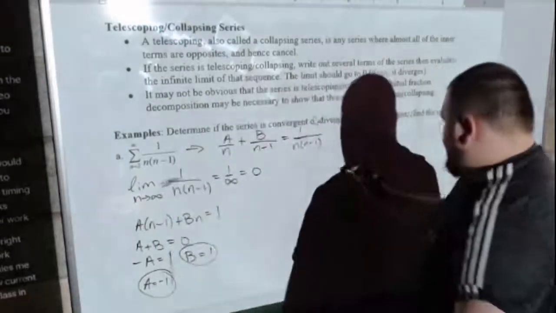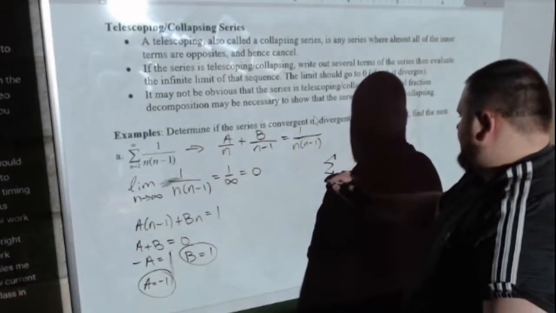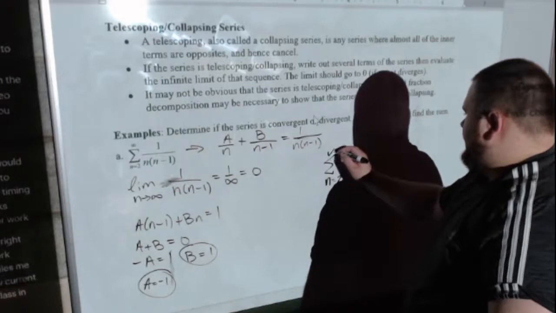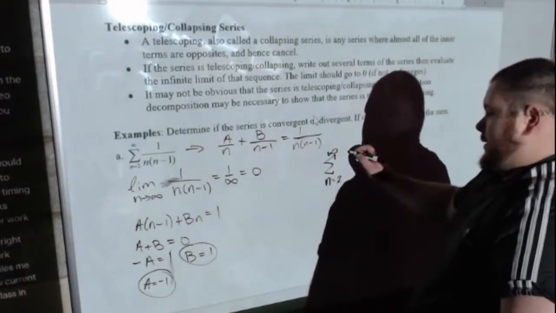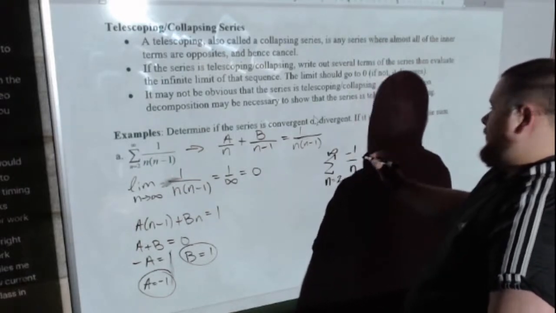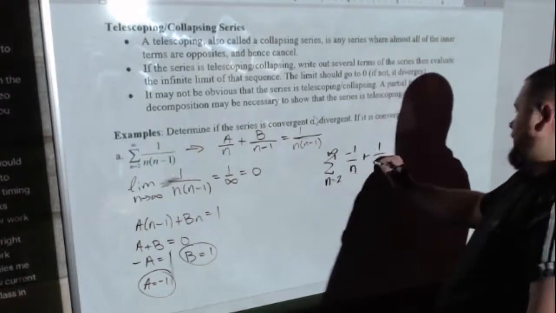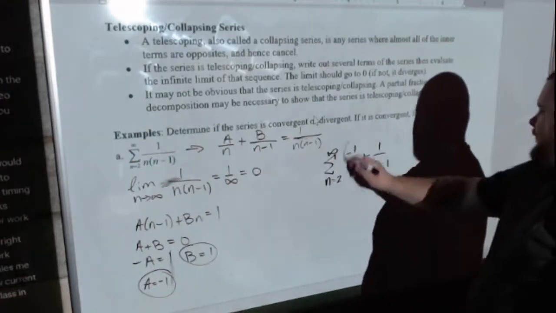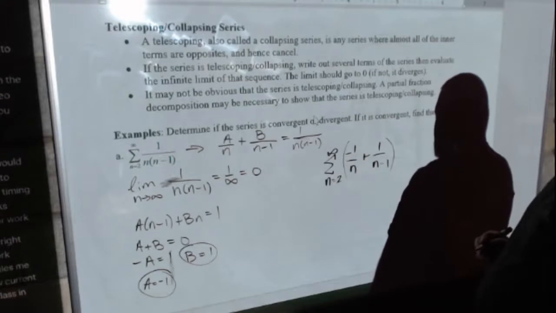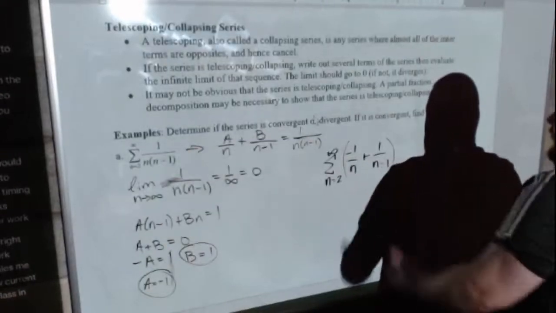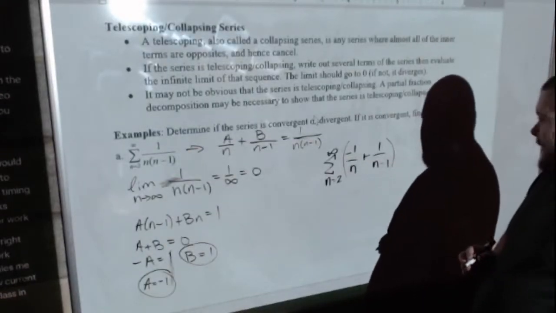So I've now got the sum. We've got minus 1 over n plus 1 over n minus 1. So let's start plugging in 2 and see what the terms look like.